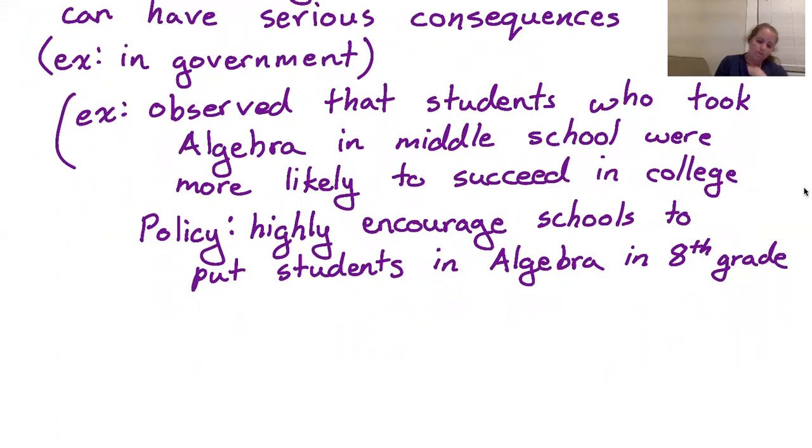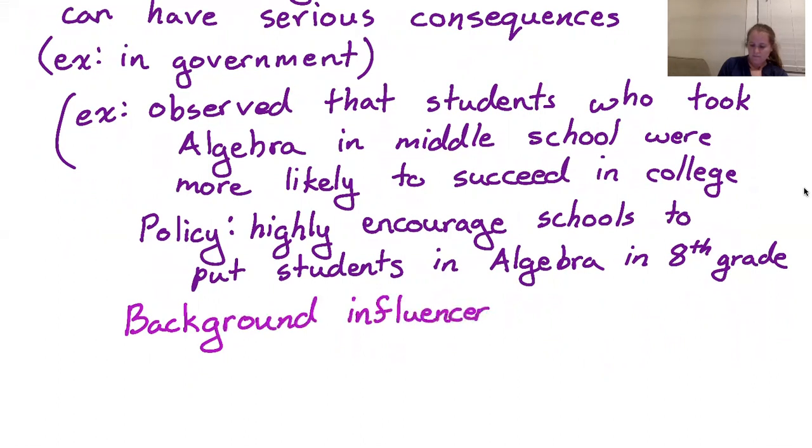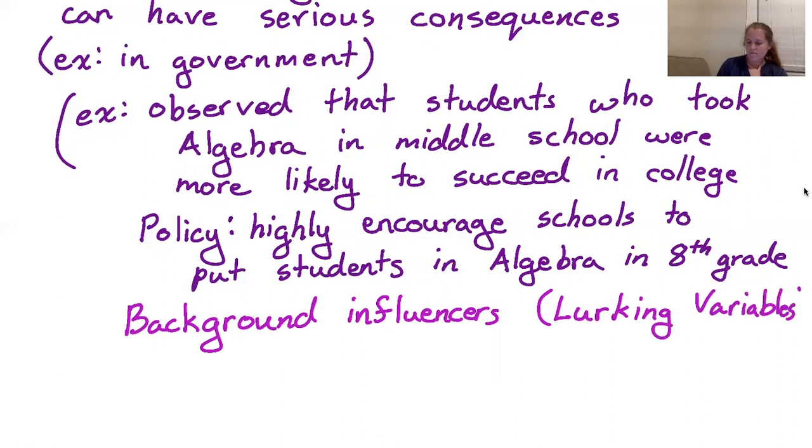So some background complications, some background influencers, what we often call lurking variables, might be that students who were taking algebra in 8th grade automatically, without the school pushing them into it, probably had better study skills to start off with.